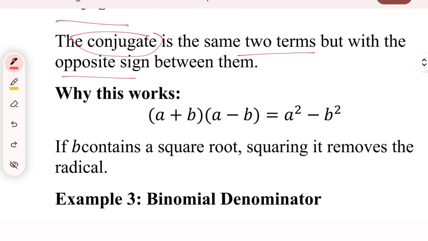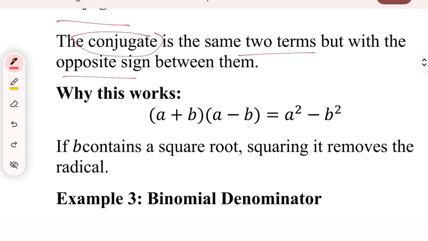Why will this work? Why is it that when we multiply it with the conjugate, we will eliminate the radical? For example, we have a fraction with a plus b in the denominator. We will multiply it with the conjugate, a minus b.